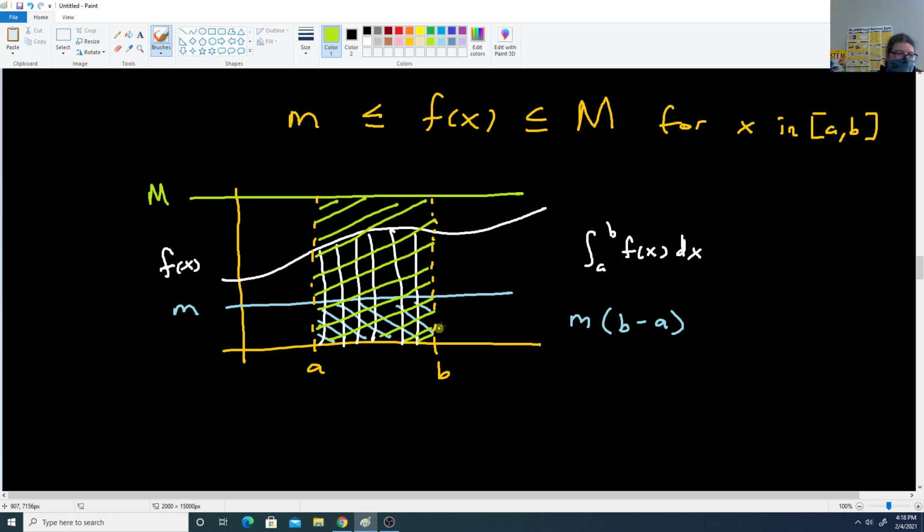Its area, since capital M is a constant, will be capital M times the interval length b minus a.